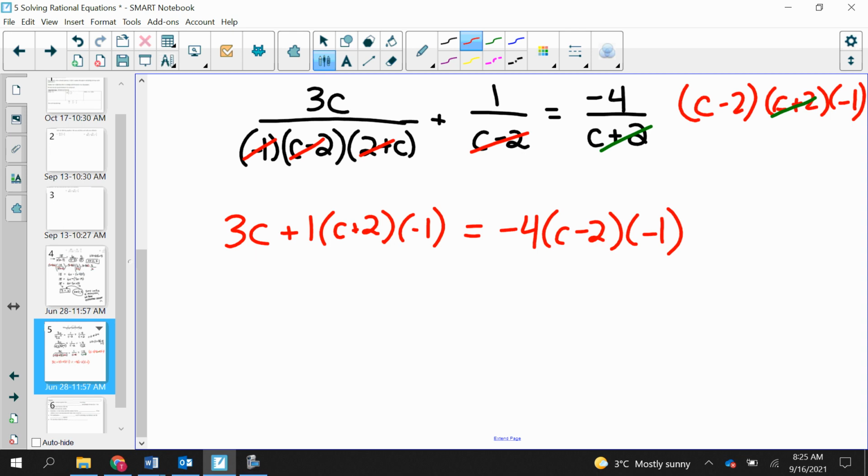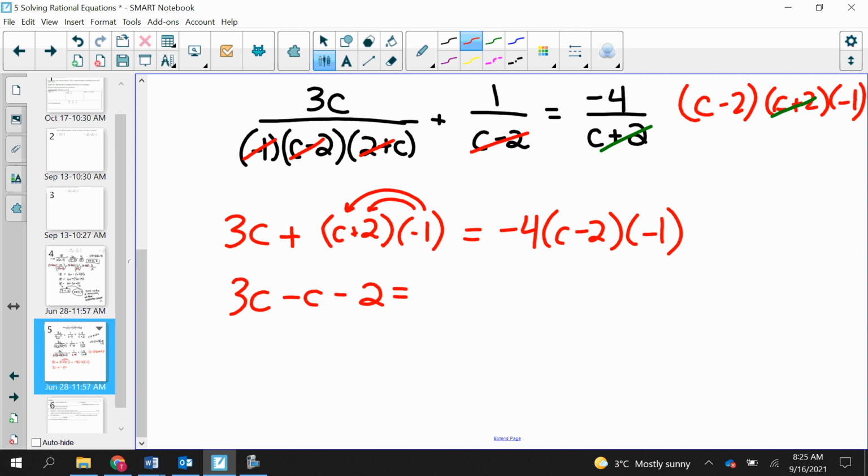Just make sure you're distributing everything through at each point. So 3c. Multiplying that -1 through here, 1 multiplied by anything is the same value, so -c minus 2.